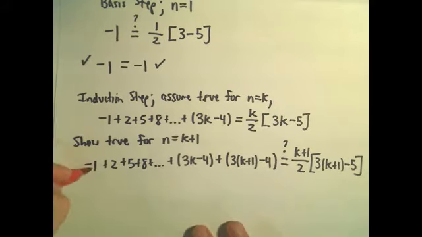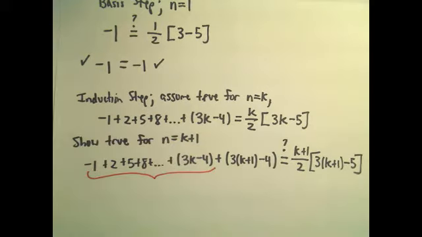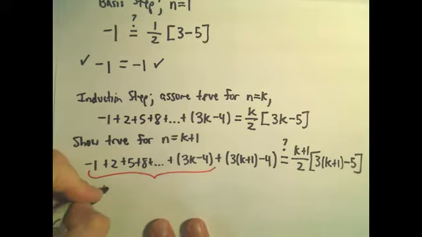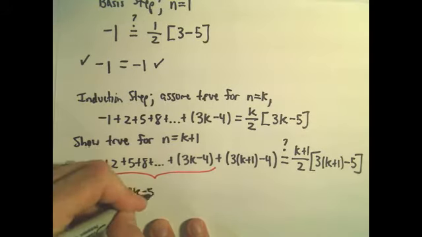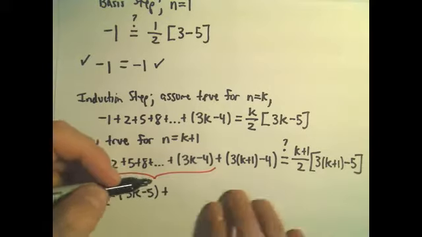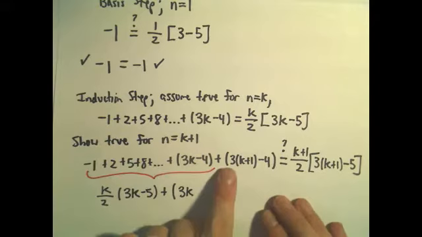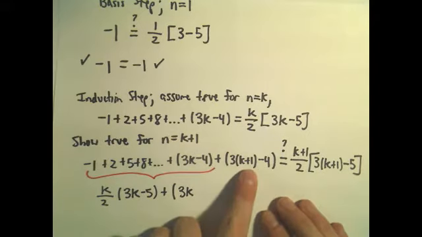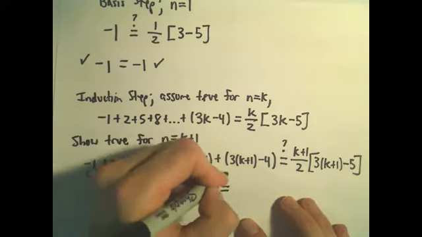Well, again, by assumption, from -1 up to 3k minus 4, that's equal to k over 2 times 3k minus 5. If we simplify inside the parentheses, it looks like we'll have 3k plus 3 minus 4, which will be 3k minus 1.